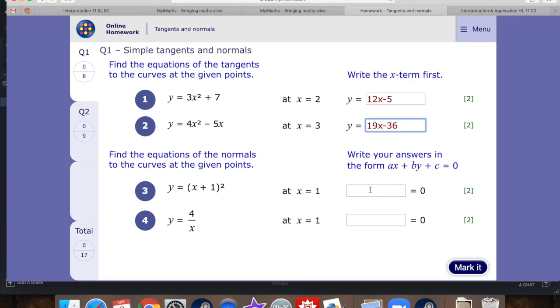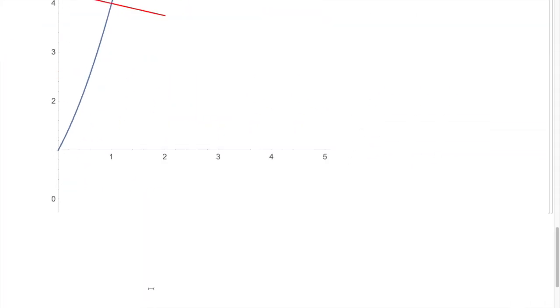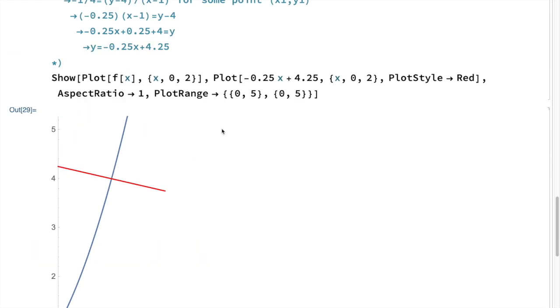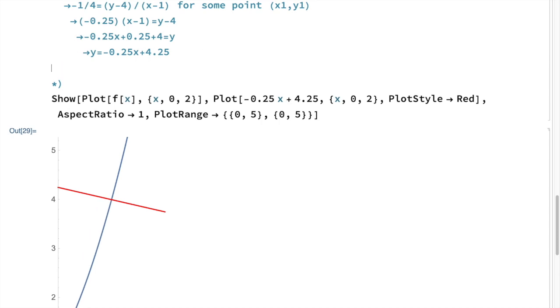Now, they want this in ax plus by plus c. So that means that I have this format right here. Why don't we bring everything over to the right? So I'm going to have 0.25x plus y minus 4.25 is equal to 0.